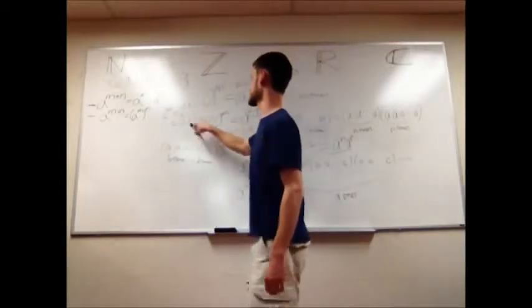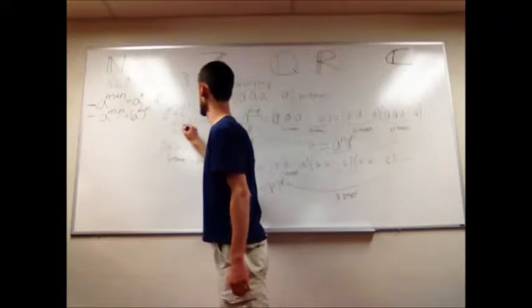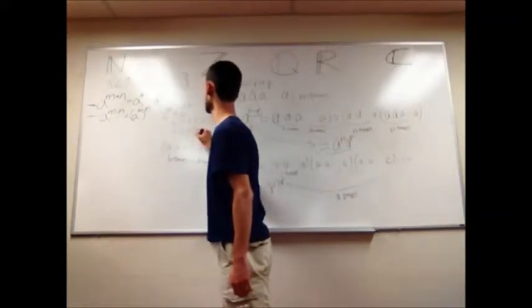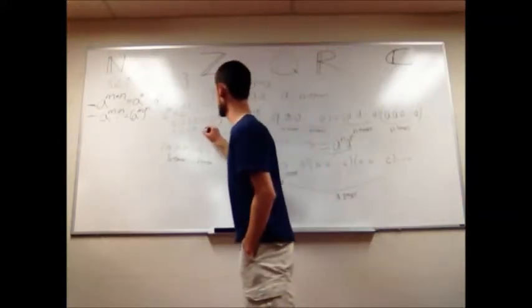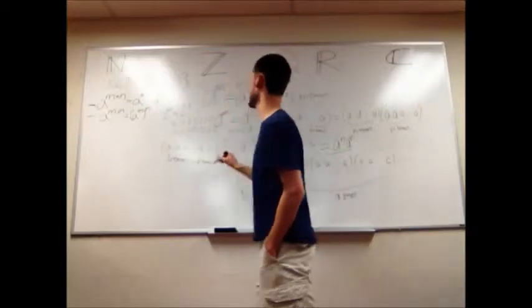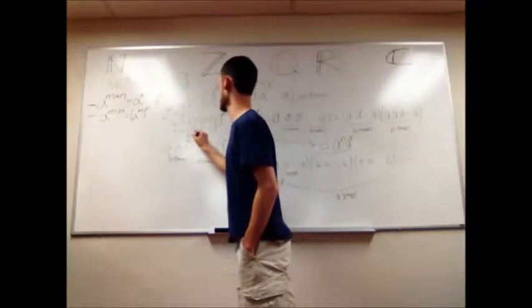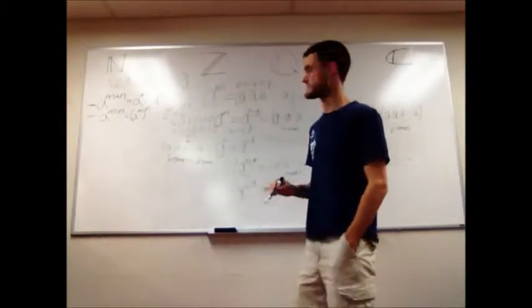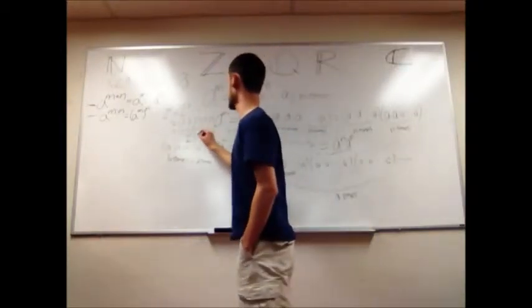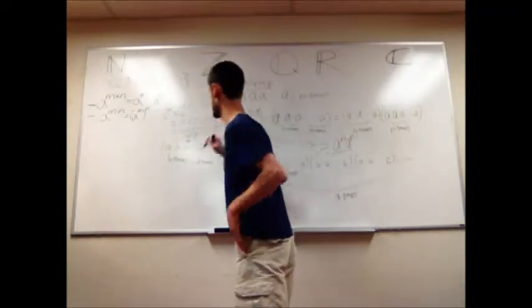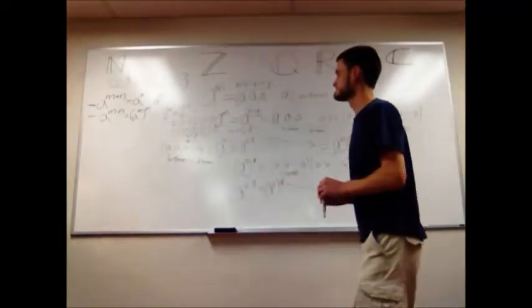But we can rewrite this, of course, as 2 times 2 times 2, times 2 times 2 times 2, which is just to say 2 multiplied by itself 3 times, twice. So this is another example here.